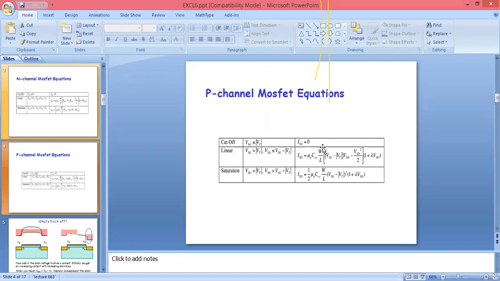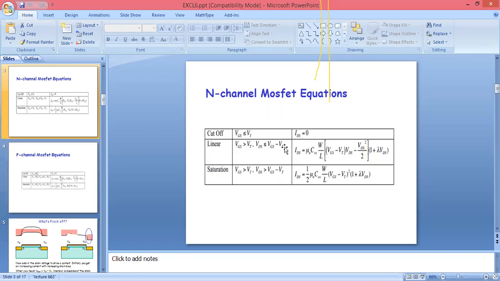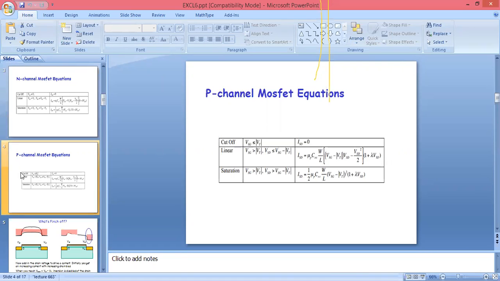Here W is nothing but channel width, L is nothing but channel length. COX is the gate oxide capacitance per unit area. Mu n or mu p: in n channel we will have mu n, and here if you look at p channel, you will write mu p, and it is the average carrier mobility.